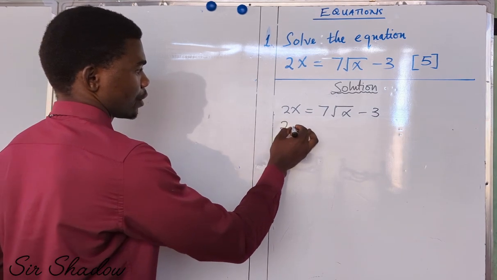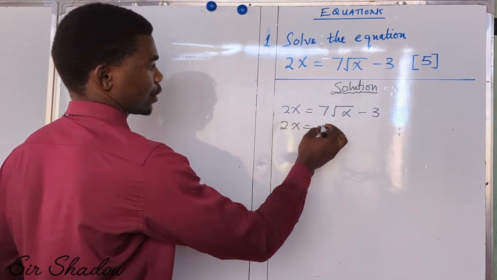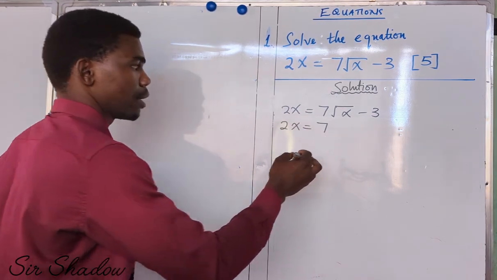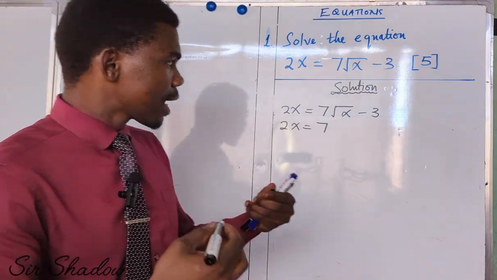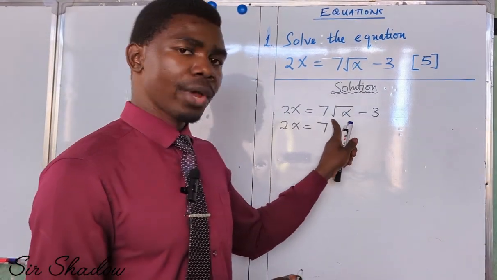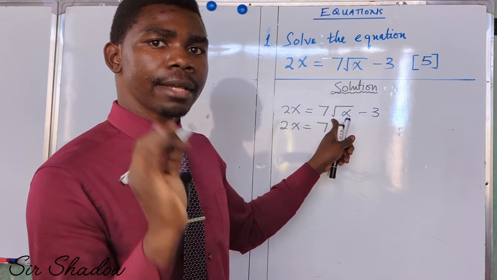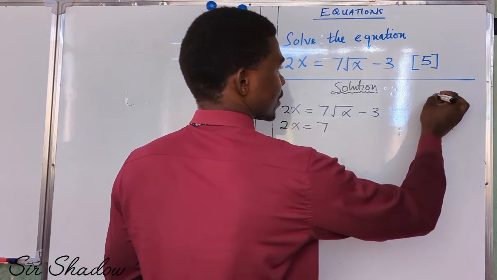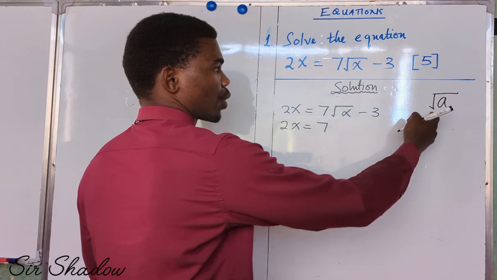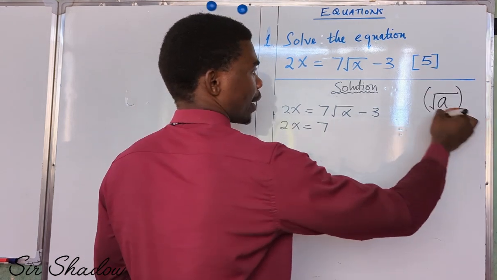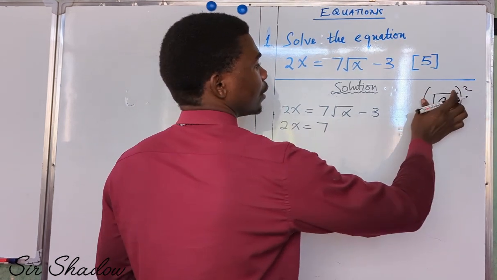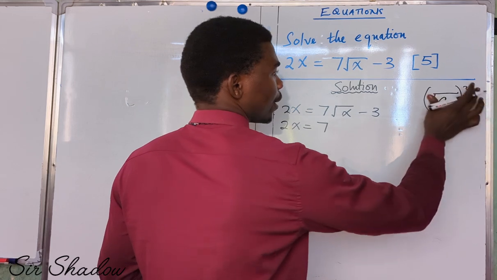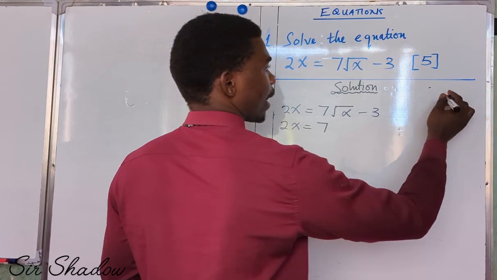This becomes 2x = 7. Remember, there is an inner relationship between the square root and the power half, right? Whenever you are asked to remove this, you just square, or you can just apply this.